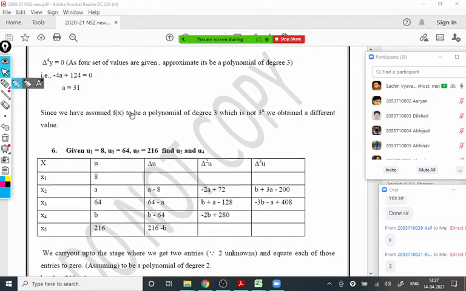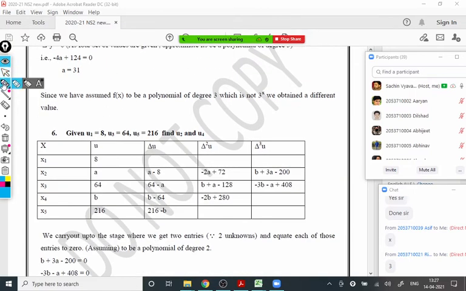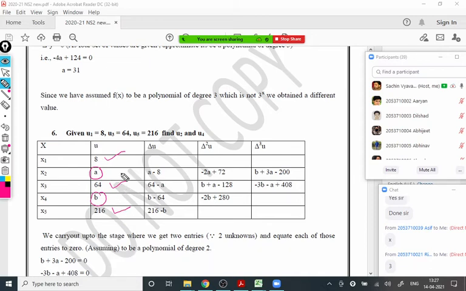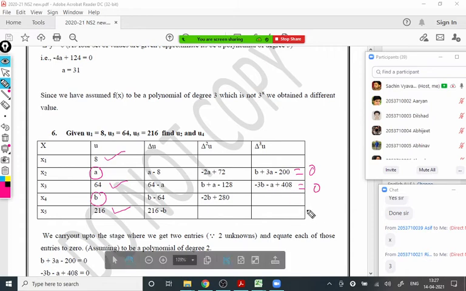One similar question is given here. In this question, 2 missing values are there: A is missing, B is missing. As these 2 are missing, how many pairs were given? 1, 2, 3. As 3 pairs are given, this represents a polynomial of degree 2, so the third derivative should be 0. You equate the third difference to 0, and you get 2 equations for 2 unknowns solved simultaneously.